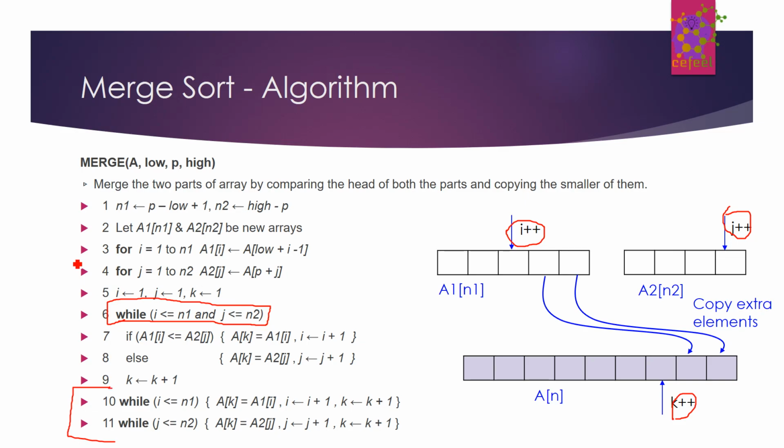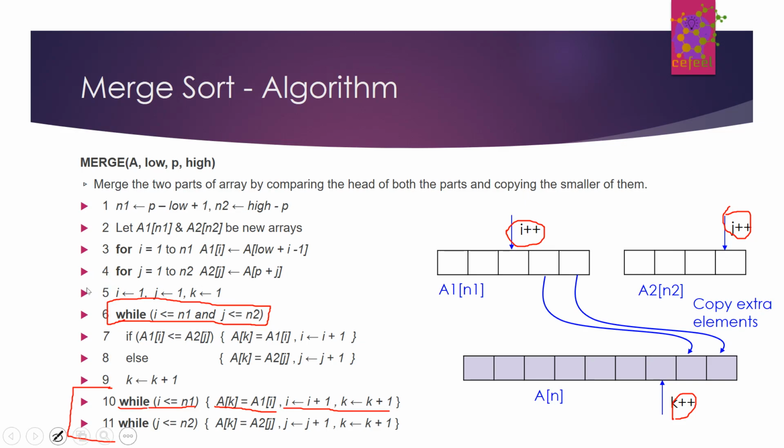But we need to check which array has remaining, extra elements, and then we copy those elements. So that's why we check while i is less than n1. Which means if there are extra elements left in A1, we just keep copying them, A[k] equal to A1[i], increment both i and k, and we keep doing that till our array A1 is complete.